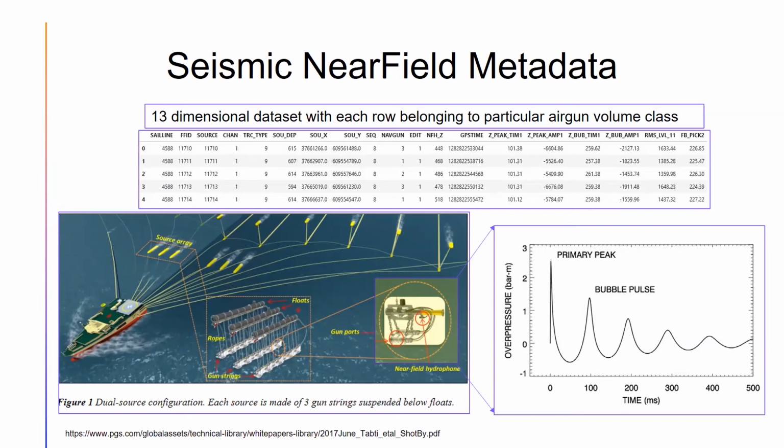Anyone familiar with pandas can recognize that data frame there. There are usually 13 pieces of metadata associated with the sinusoidal wave you see at the bottom right, which is what is recorded at the near-field hydrophone.